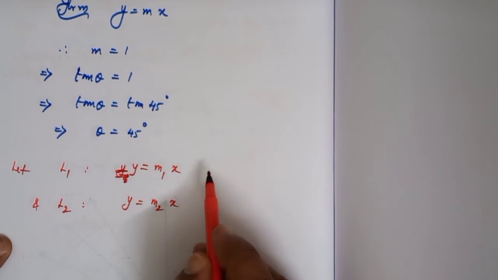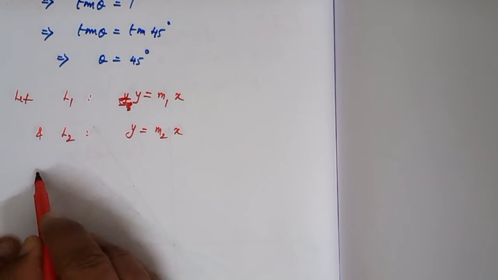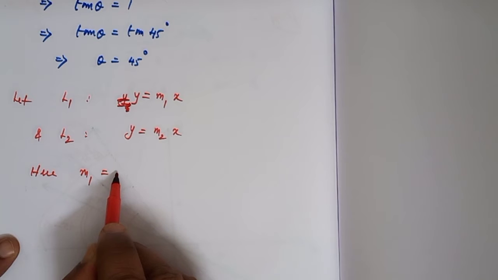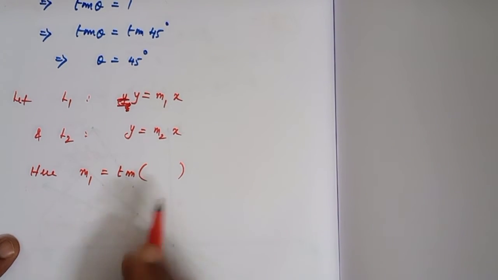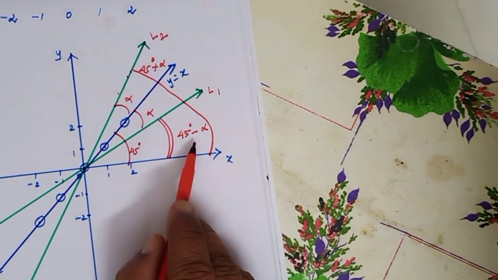Okay. Now I'm going to write m1 and m2. Here m1 is equal to tan of, what is the angle? For m1 the angle is 45 degree minus alpha.